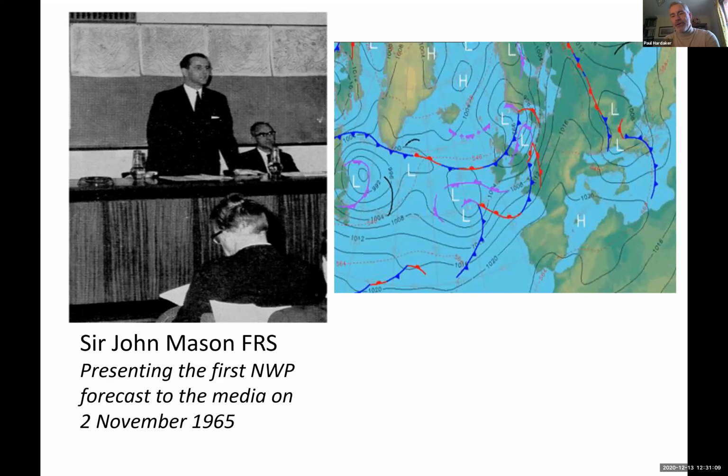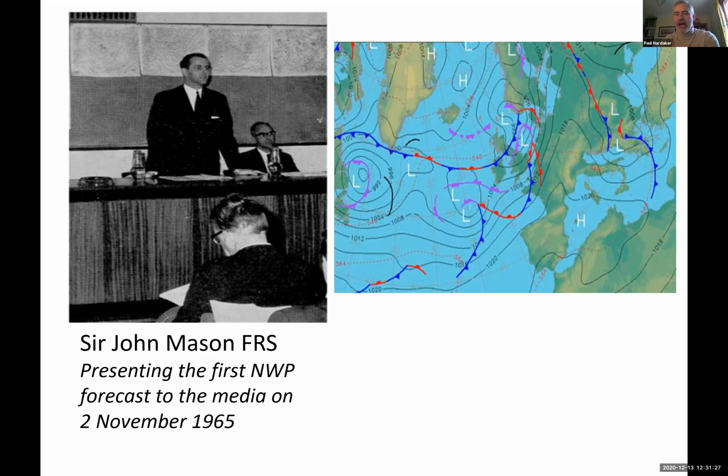Now, most of you will come across weather charts through the TV forecasts, or if you have more of an interest, perhaps for sailing or gliding or anything to do with the outside, you might look at these frontal charts.